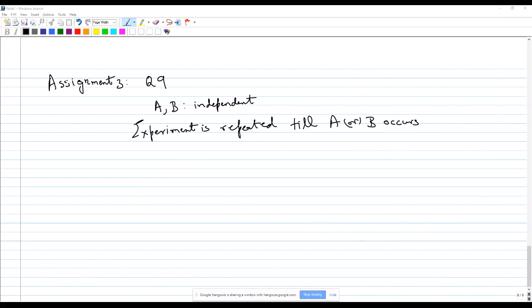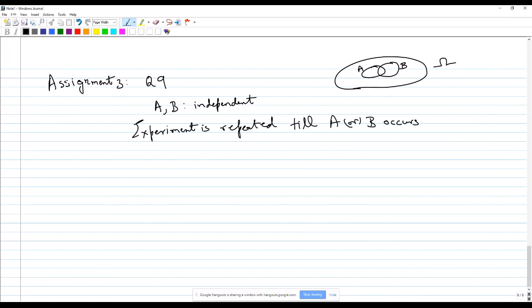So what is the meaning of this? You have a sample space, omega, and there are two events A and B, and they are independent. So what does that mean? If you say independent, their intersection is definitely not 0, right?